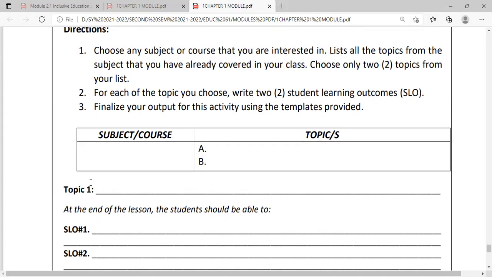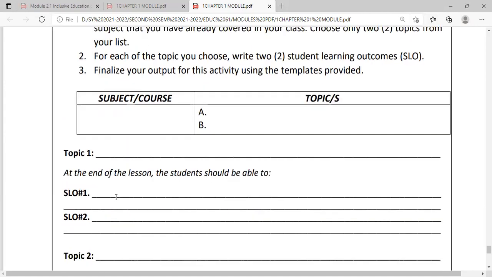So you should search objectives or verbs from Bloom's taxonomy, where you can find measurable objectives. So guys, you cannot use to understand, to know, to learn in our SLO or student learning outcomes, because they are not applicable, since the teacher cannot measure them.